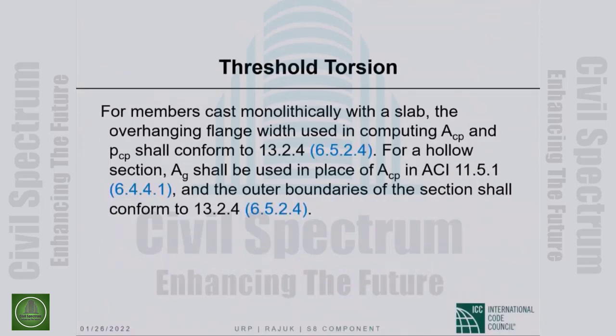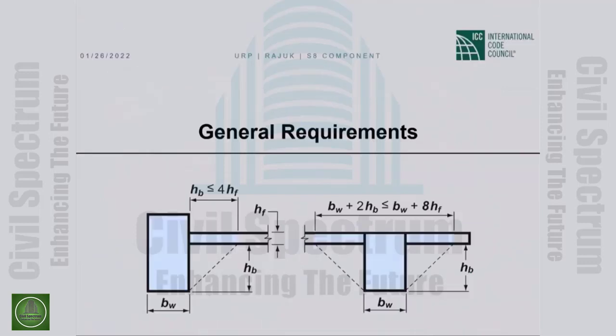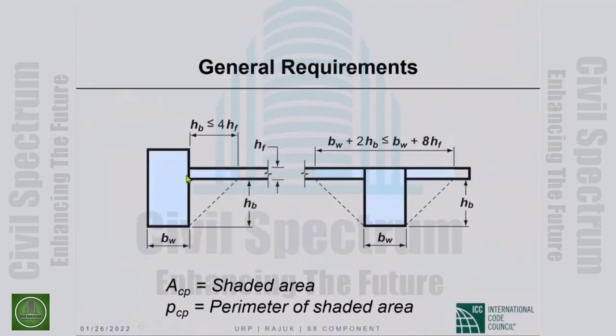For threshold torsion, when we have overhanging flanges, as in this picture, the A sub cp, P sub cp, the section resisting torsion is as shown in the picture.